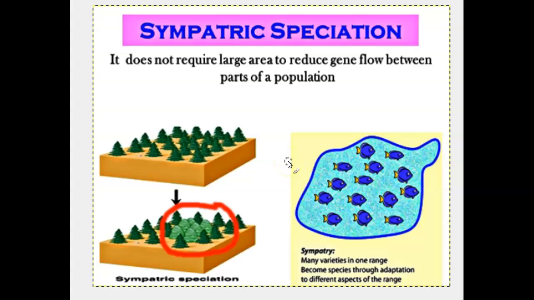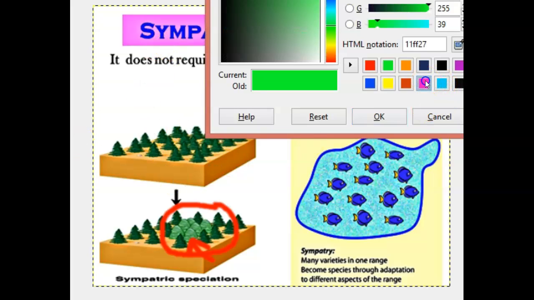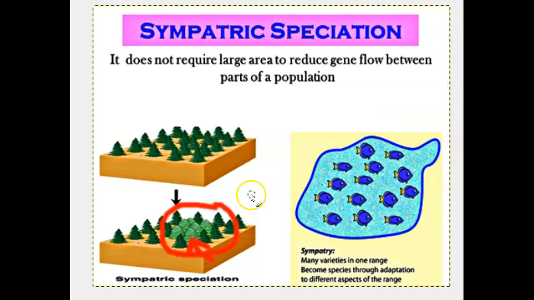Those that have 4 sets rather than 2 sets, the light green ones, are no longer going to be able to reproduce with the normal green ones.